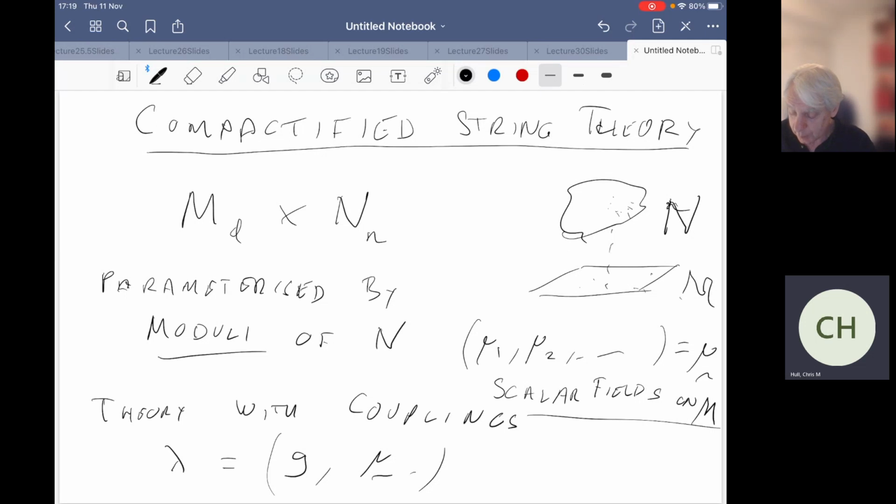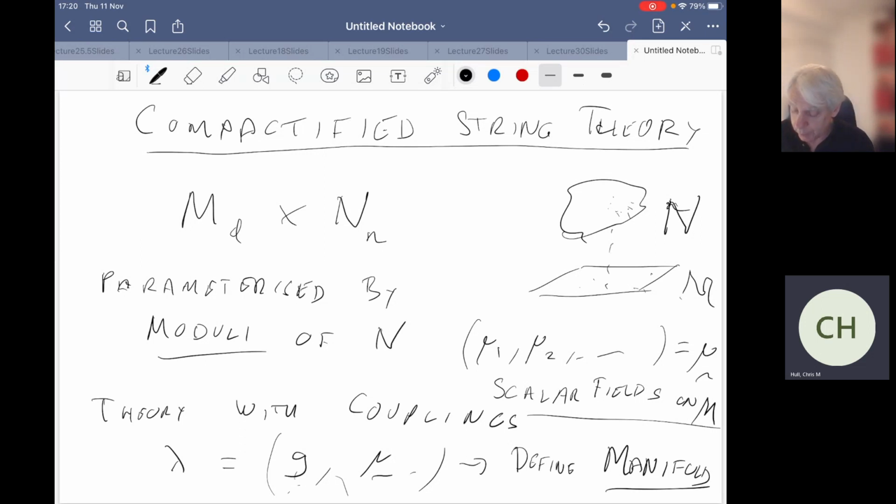And the perturbative region is defined in terms of the region where G is small. And in fact, these define a manifold, which will be the moduli space, the space in which these coupling constants or these scalar fields live.